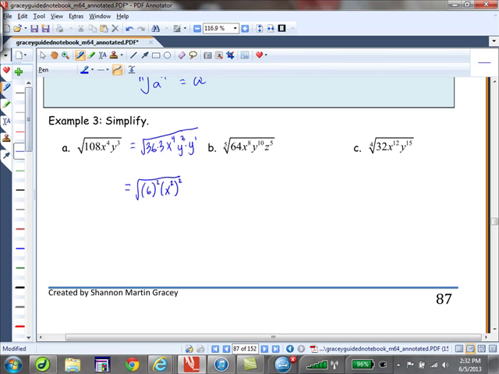X squared squared is x to the fourth. I have my y squared. And what I have left over is just the 3y. Okay, so we'll get 6 x squared y times the square root of 3y is our result.